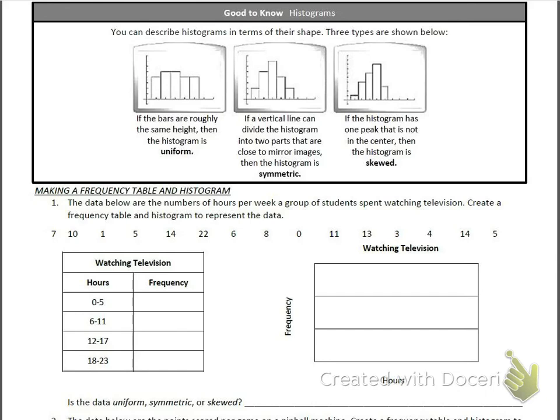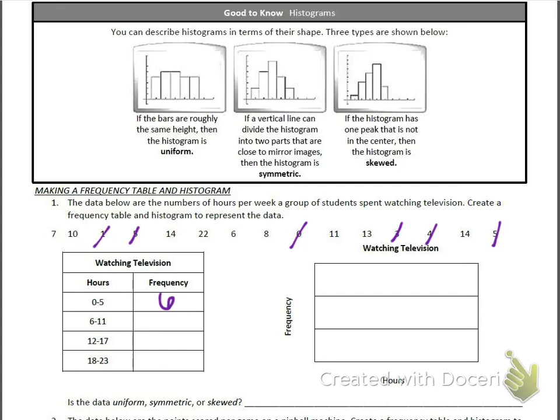Every time we go down the list, I'm going to count how many are between 0 and 5. So 1, 2, 3, 4, 5. So the frequency of students, 6, thank you, that watch between 0 and 5 hours of TV is 6.